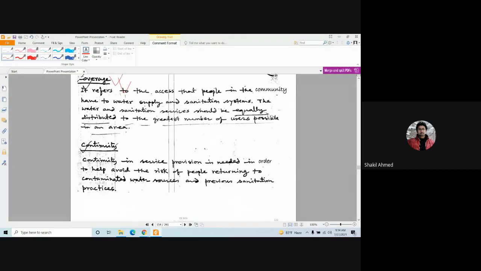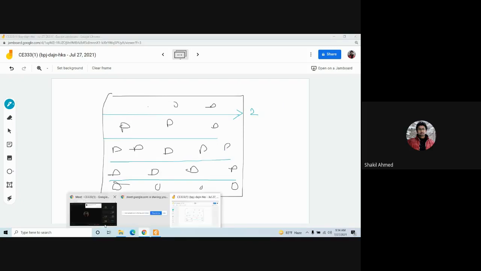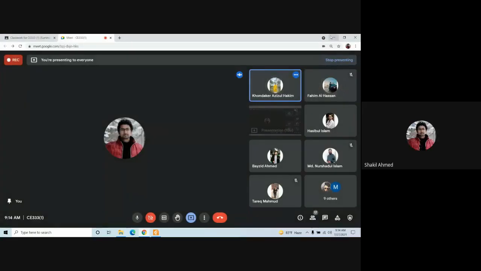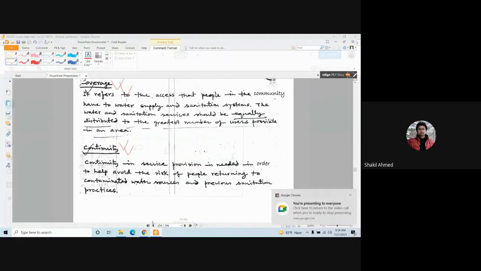Then continuity. For example, your water that's coming from Dhaka WASA is available only for 5 hours in the morning or 2 hours in the morning, not 24 hours. Are you following me? Yes, sir. In that case, that is called continuity.